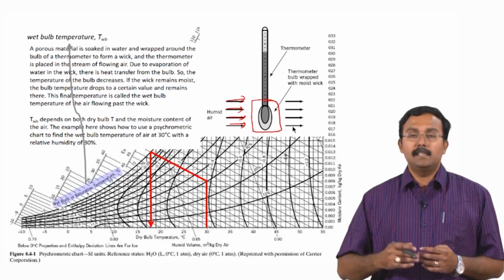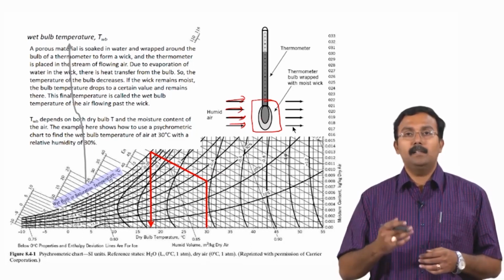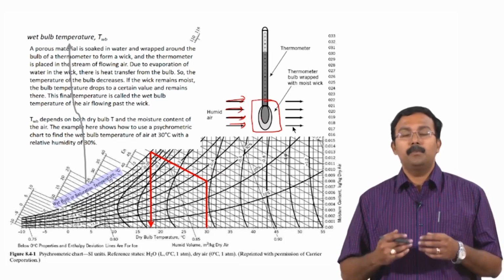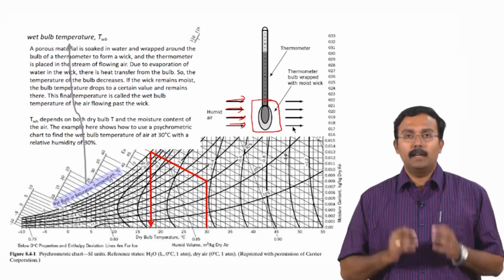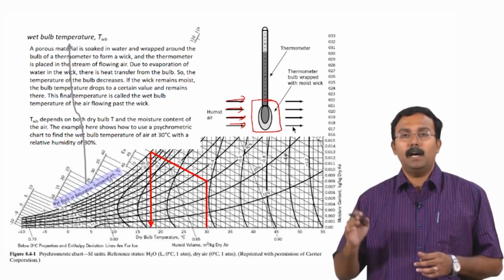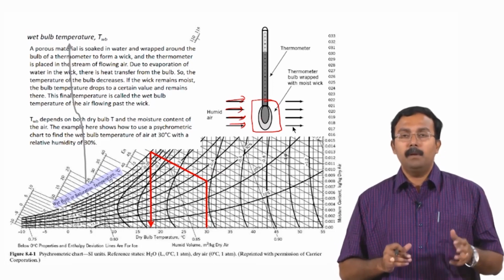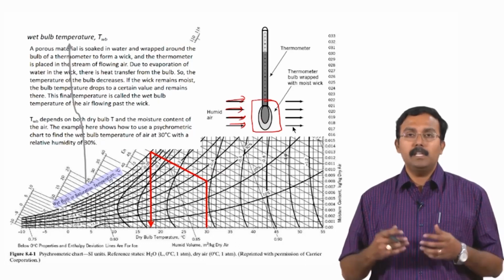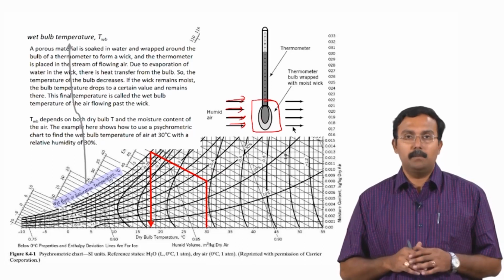If the humidity is very low, then a lot of water can evaporate, thereby the temperature will keep falling significantly lower so that you can get your wet bulb temperature. So, your dry bulb temperature will always be higher than or equal to your wet bulb temperature. Your wet bulb temperature can never be higher than your dry bulb temperature. Once you reach 100% saturation, you would have wet bulb temperature equals dry bulb temperature.